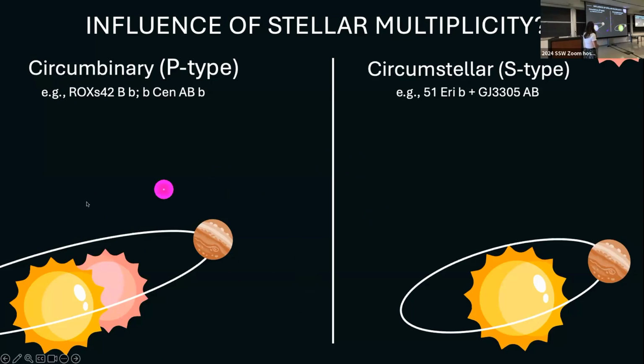The first one on the left, with my little PowerPoint drawings, is what we call circumbinary or P-type systems. This is when a planet is jointly orbiting two stars that are on a close orbital separation. And then on the right, we have what we call circumstellar or S-type systems. This is when the planet is orbiting one star, and then far out, you have another star that is orbiting this star plus planet system.